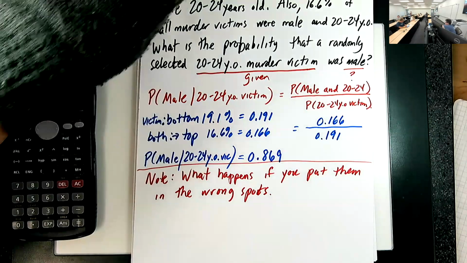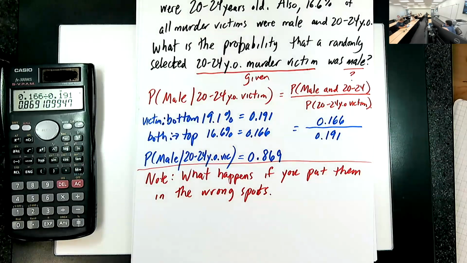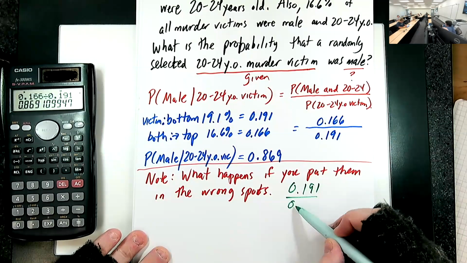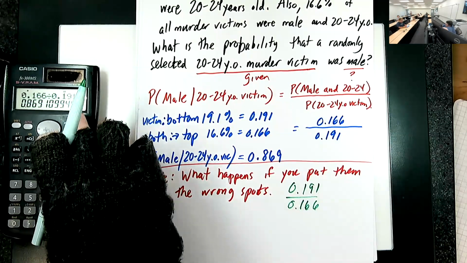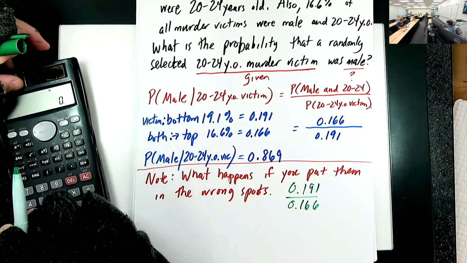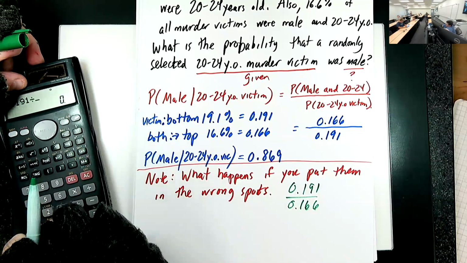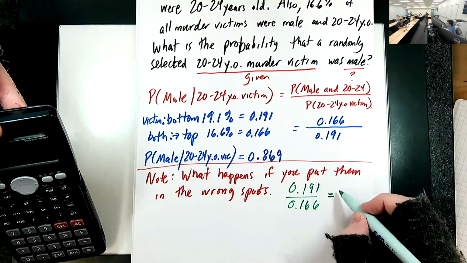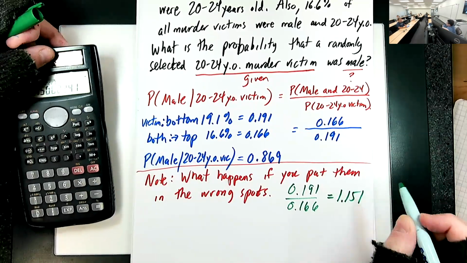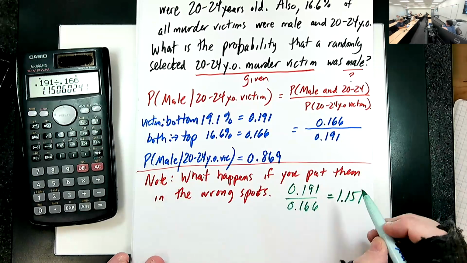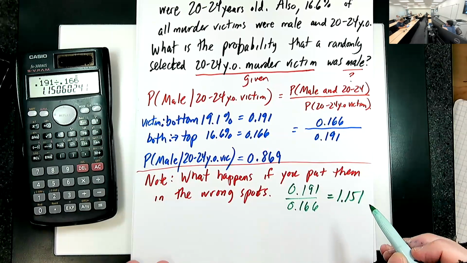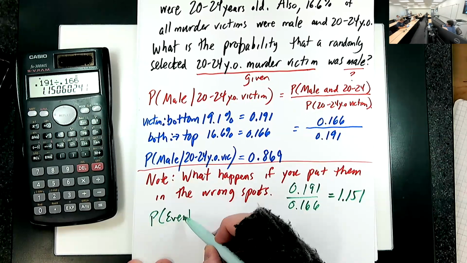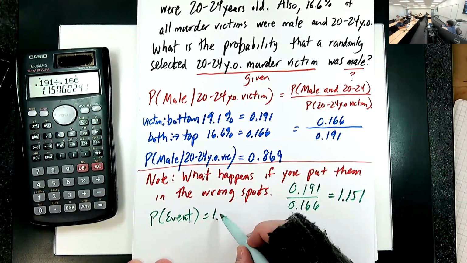Let's say you put the 0.191 on top and the 0.166 on the bottom. You get 1.151 for a probability. The probability of the event is 1.151.